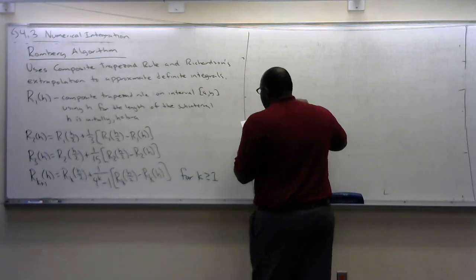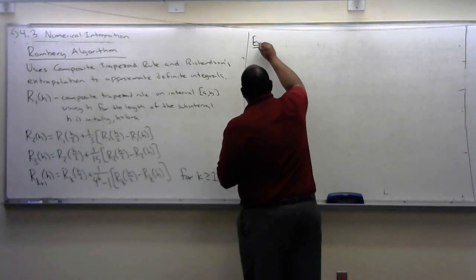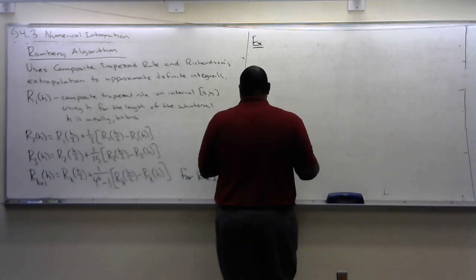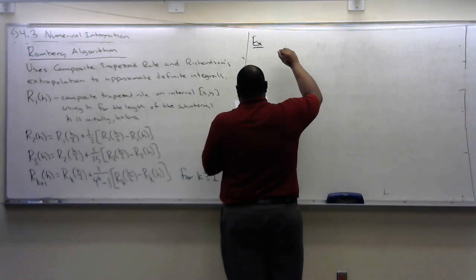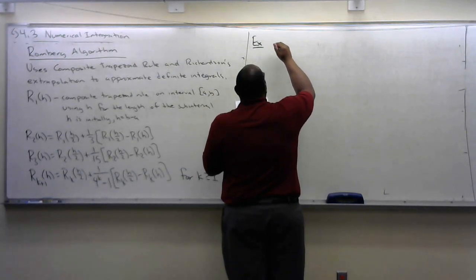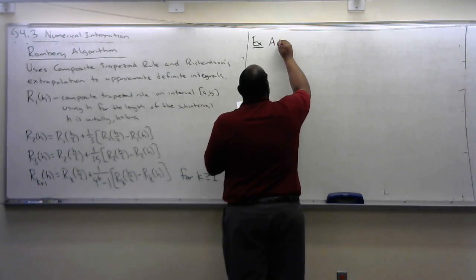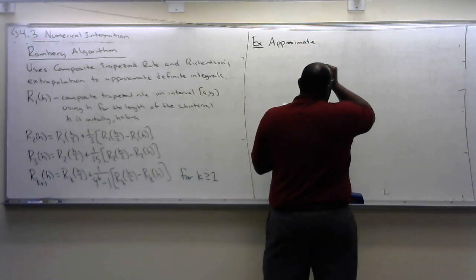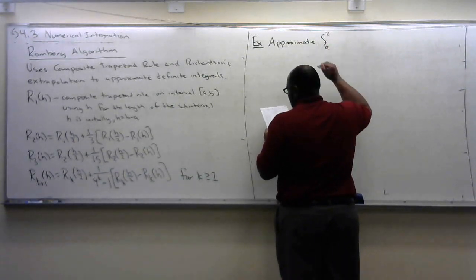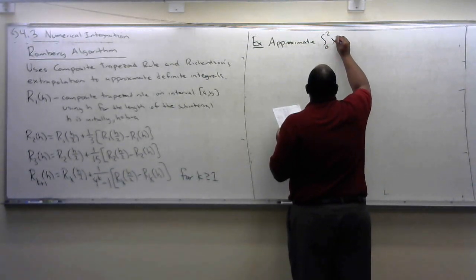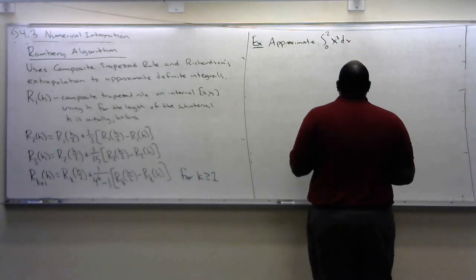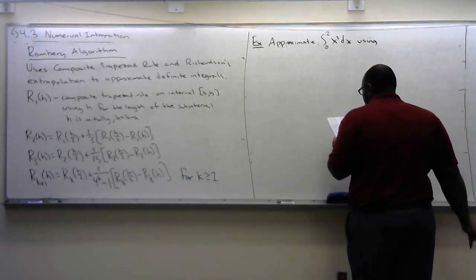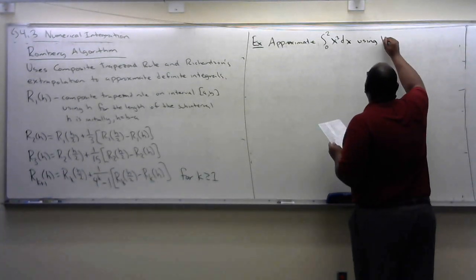Let's look at an example. Here it is. Approximate the integral from 0 to 2 of x cubed dx using the Romberg algorithm.